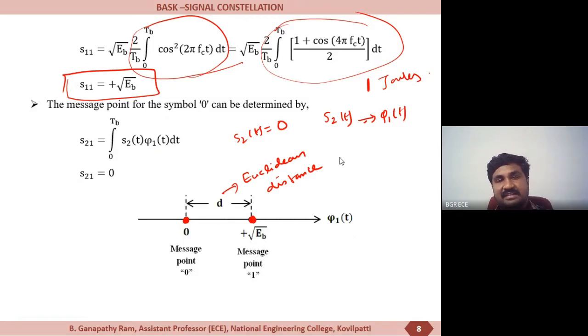If the Euclidean distance is large enough, then even in the presence of additive white Gaussian noise, the reception will be very perfect. If the Euclidean distance is small, then the probability of error will be more.